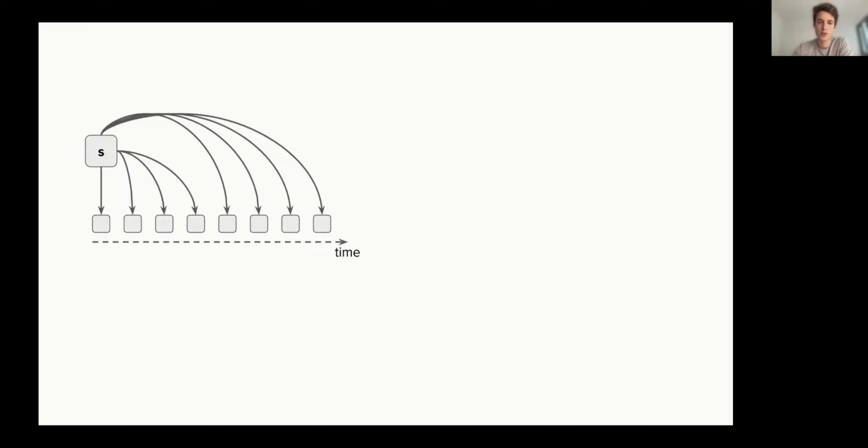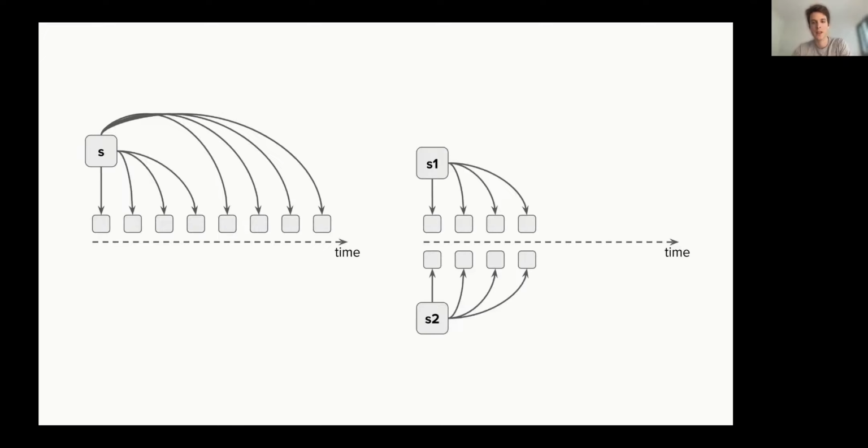So these transactions need to be executed in a serial fashion. Our proposal here is that instead of using a single sender account, we could use 2 or more. So in this example, instead of using the single account S, we use 2 accounts, S1 and S2. And this way, the distributions from these 2 accounts can be executed in parallel with each other, and we could reduce the execution time.